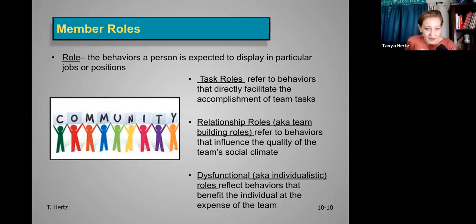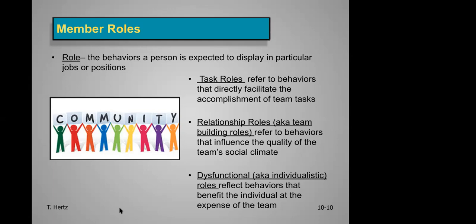So a role is the behavior that a person is expected to display when they are in a particular group or team. Task roles are the behaviors that directly accomplish or facilitate team tasks. So this is positive things that people do towards the accomplishment of the goals of the team. Now, relationship roles are also very important in team function and team efficacy.